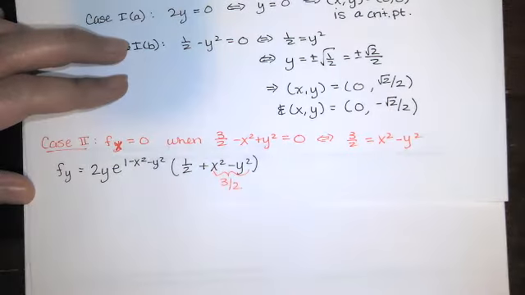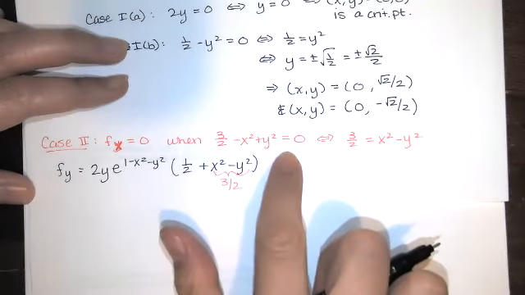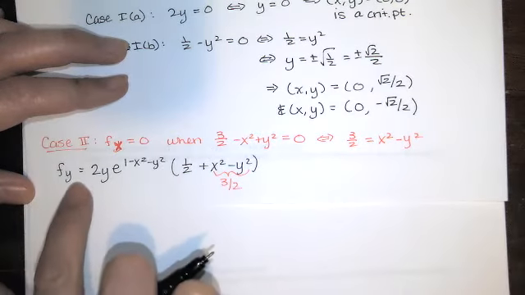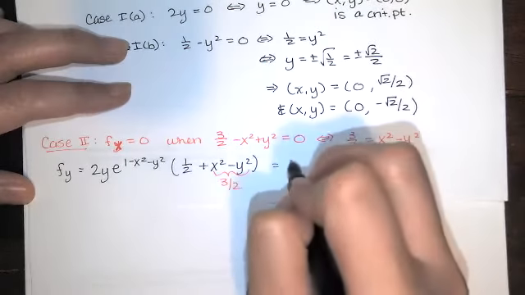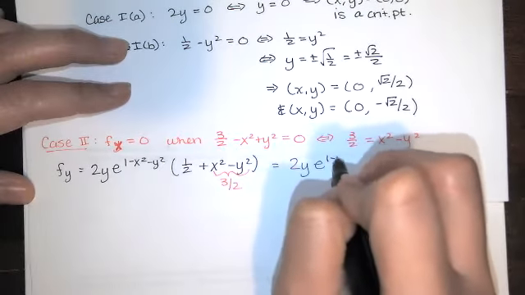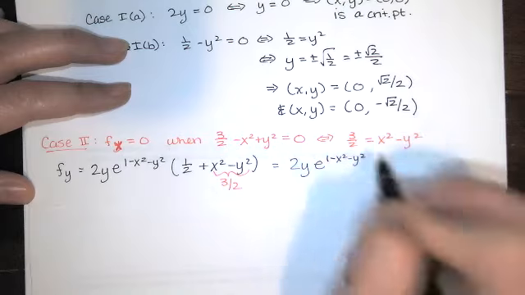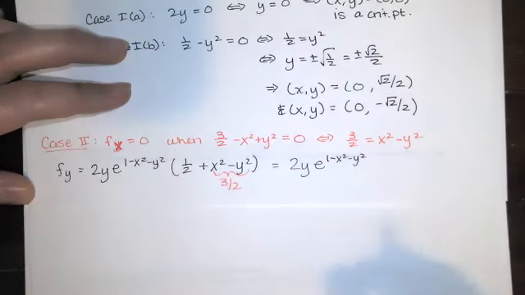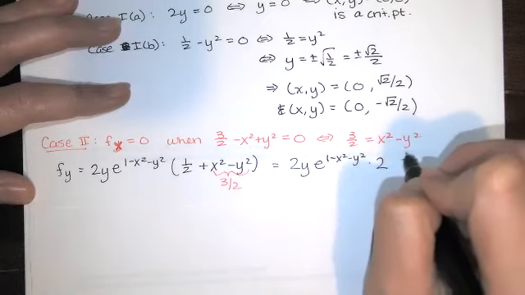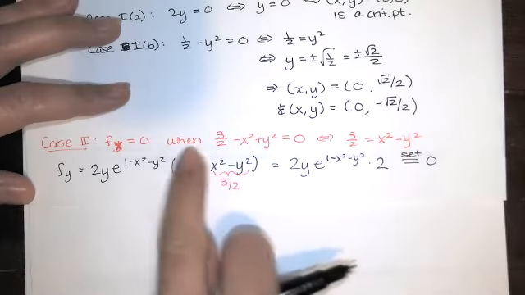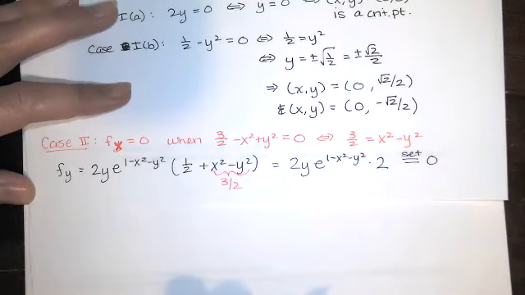So that's actually 3/2 when this is satisfied. So the partial of f with respect to y is 2y times the exponential times 1/2 plus 3/2, which is 4/2, which is 2. And we need that to be equal to 0 at the same time that this is 0.